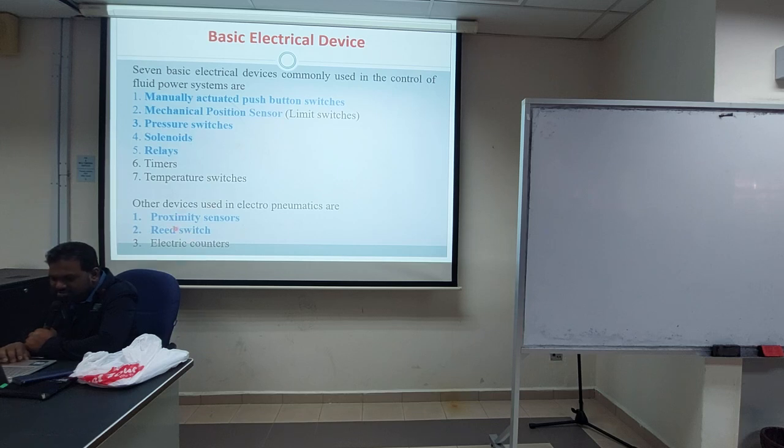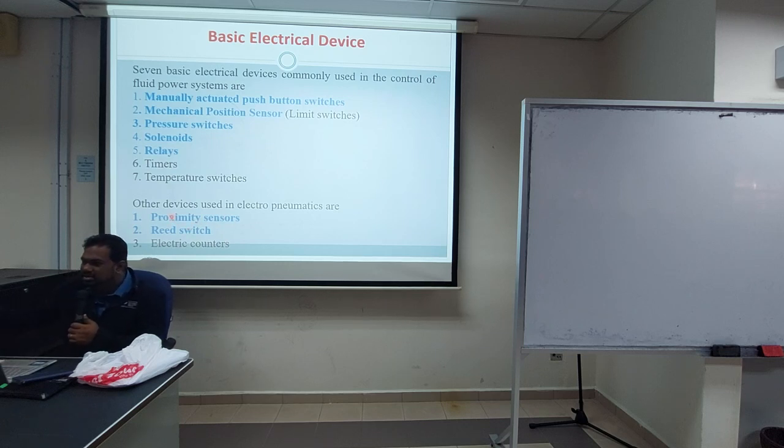Then we have a proximity sensors, reed switch, electric counters. So macam dalam pneumatic, so kita ada roller. So roller untuk detect the end position, tapi dalam ni kita gunakan sensors. Sensors yang macam biasa kita tengok lah, proximity sensors. So dia cylinder extend sampai dekat that point, dia wirelessly akan detect.